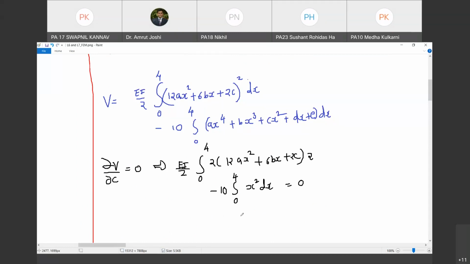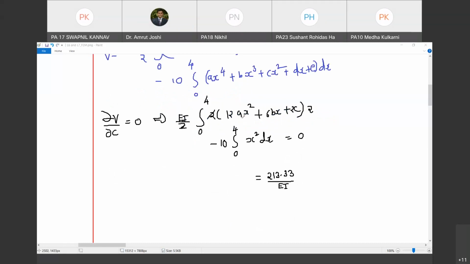I have to find out the integration of 10x square, within the limits 0 to 4. It is 213.33. It goes on the right hand side and becomes positive. Then this 2 gets cancelled with this 2 and that EI goes on the right hand side. So I am going to have 213.33 by EI.